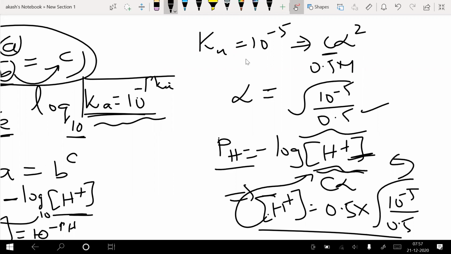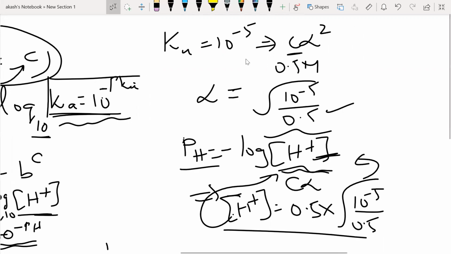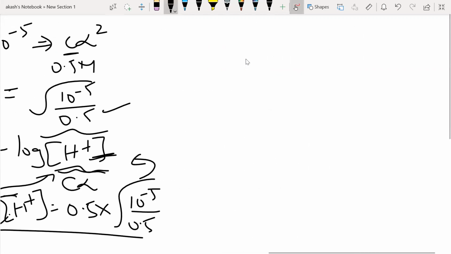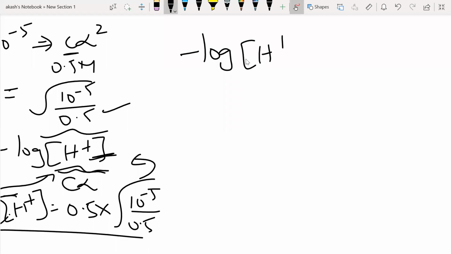Now if I want to find the pH of any solution, guys, any solution, there is only one formula, right? The one formula is negative log of H plus concentration, correct? Negative log of H plus concentration. That is my pH for any solution, for anything for that matter.